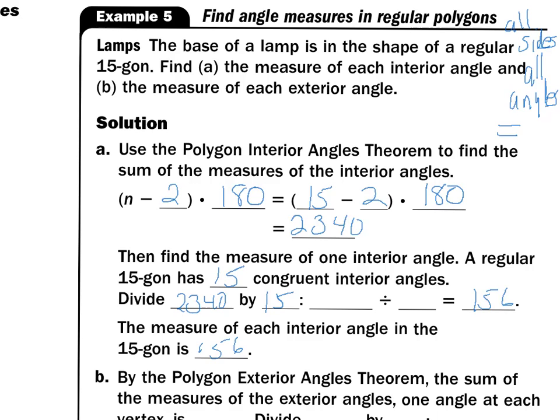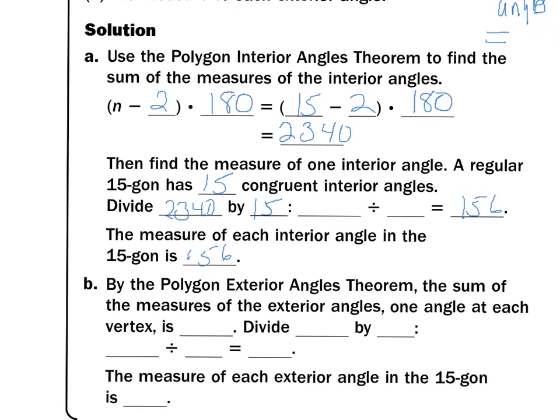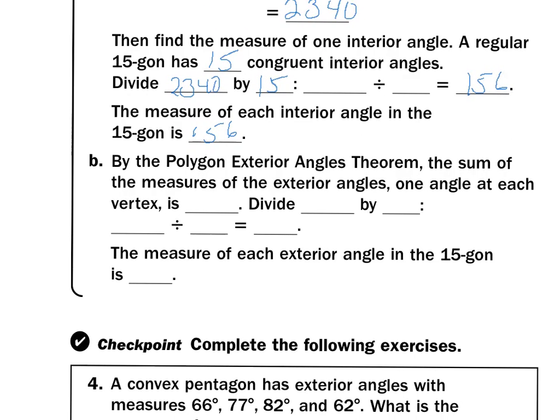So again, they're all the same. So this time we're going to divide what they are all together, 360, by 15, and we'll get 24 degrees. So, checkpoint. Go ahead and complete those two, and you'll know everything there is to know about this.